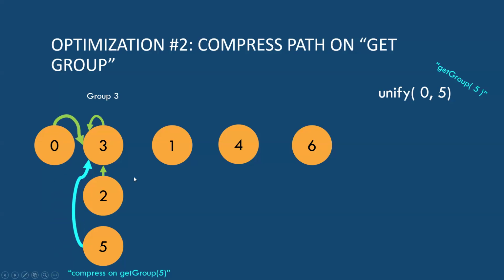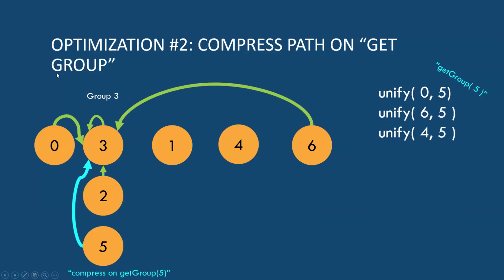And now it's going to be even better, right? Because now we've compressed the big long chain that was here, and we've got the 0 pointing to the 3, okay? So that is compression on get group, okay? We'll look at that code here in just a second.